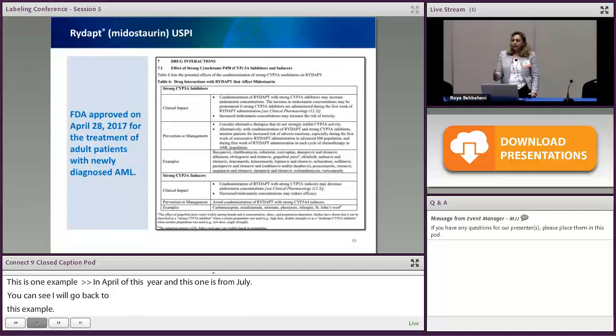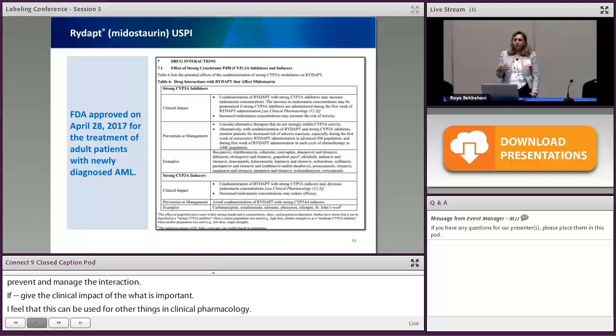It's very important to put the drug interaction into context and give the clinical impact of it. But what is really important, I feel, is that this can be used for other things in clinical pharmacology, for section 8, maybe for a specific population, where age or hepatic dysfunction or renal dysfunction impacts clearance or anything, then you would focus on the clinical impact of that and how you can prevent or manage it.